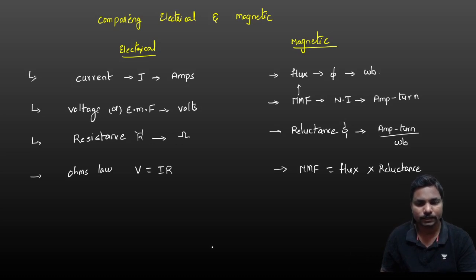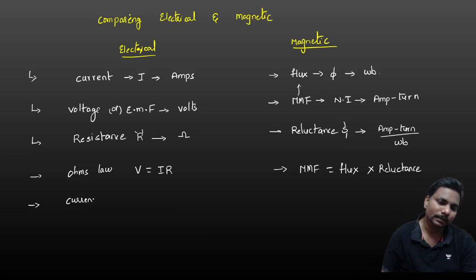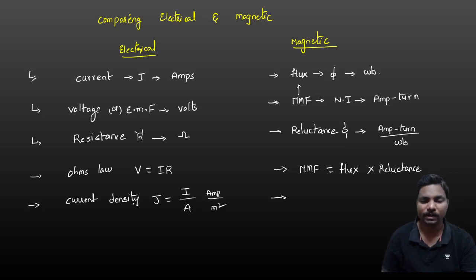Note down all this. In the same way, current density J is equal to current by unit area, ampere per meter square. Very important. This is not given in the electrical.